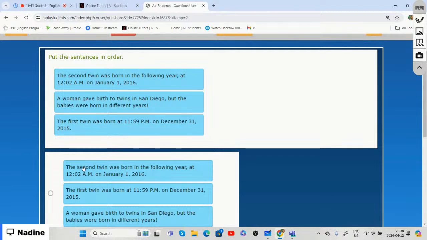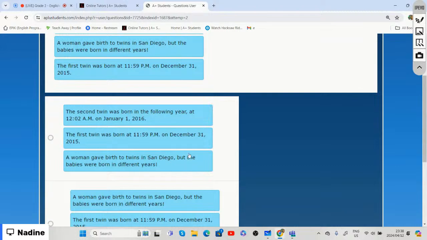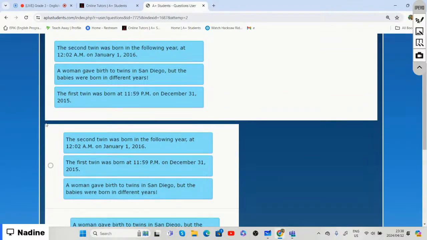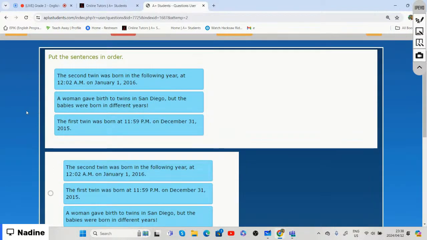All right, and if we put these in order, we can firstly say that a woman gave birth to twins in San Diego, but the babies were born in different years.